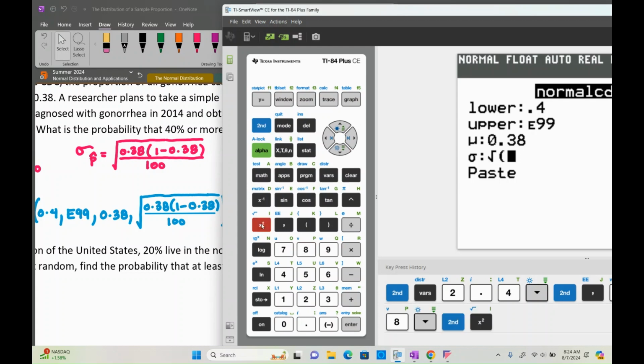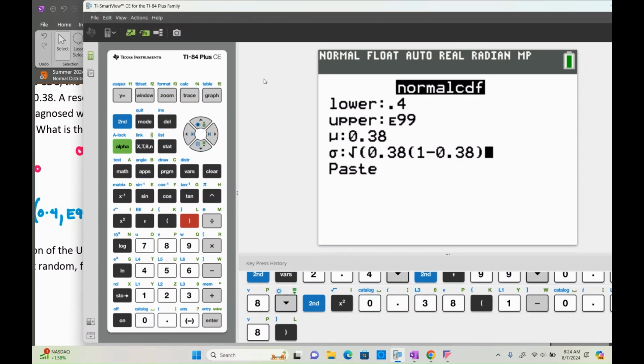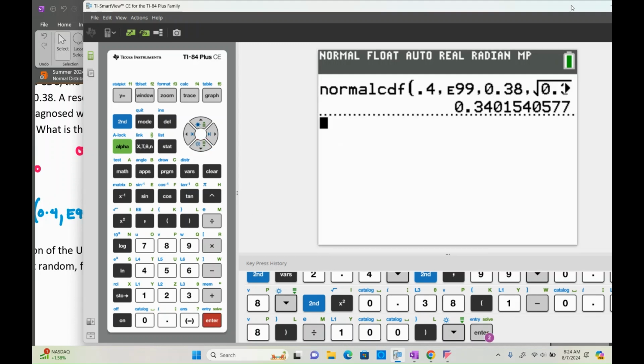So I'm going to type in the square root 0.38 times 1 minus 0.38. And let me scoot this over. And then I want to divide that by 100. And hit paste. There we go. So we're getting about 0.34.